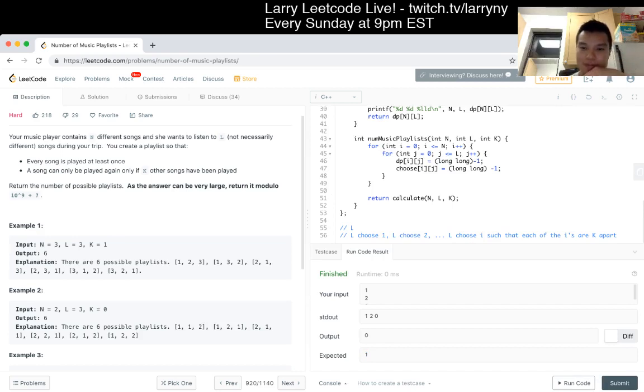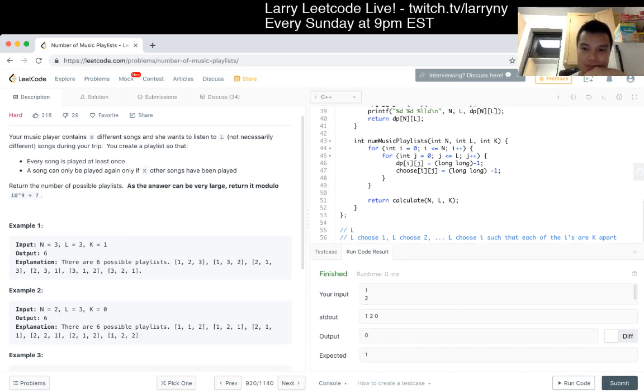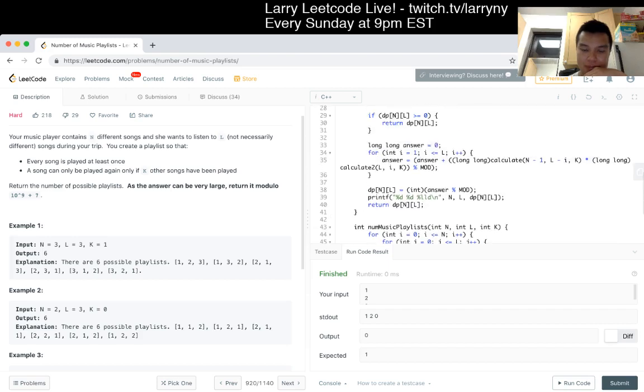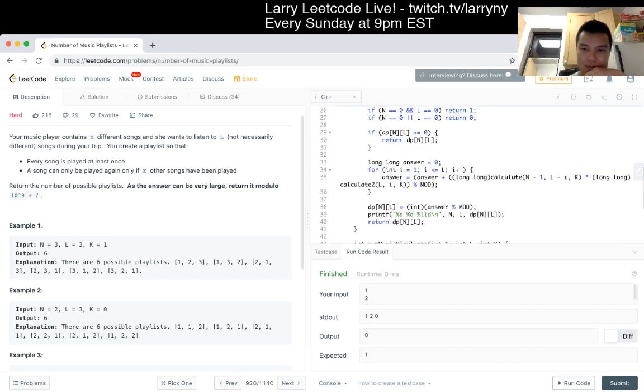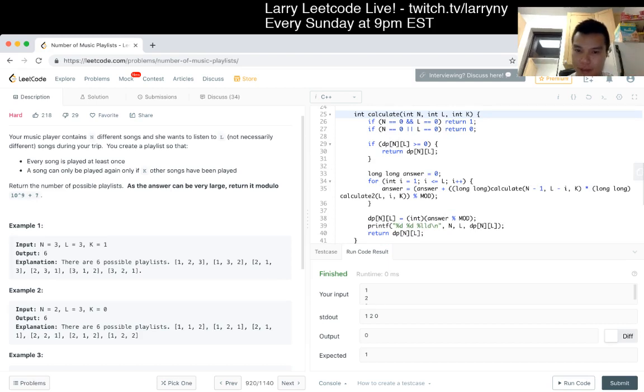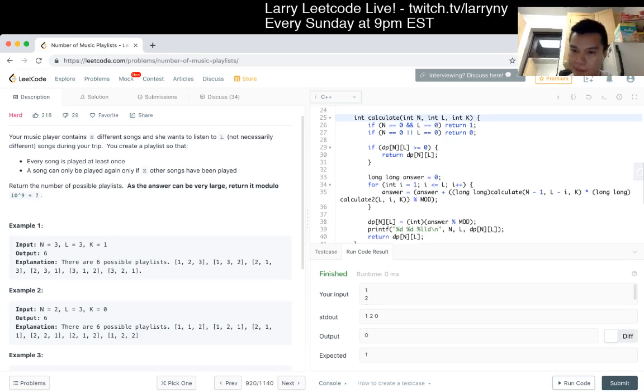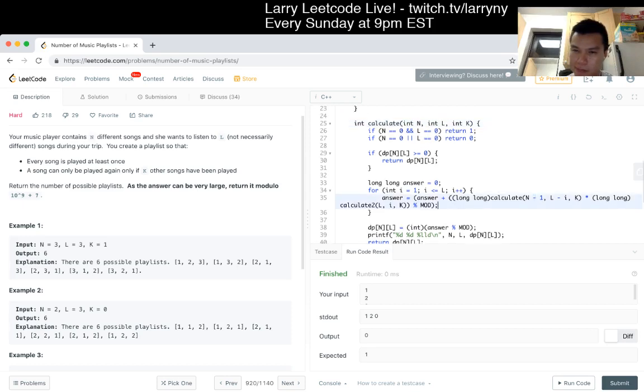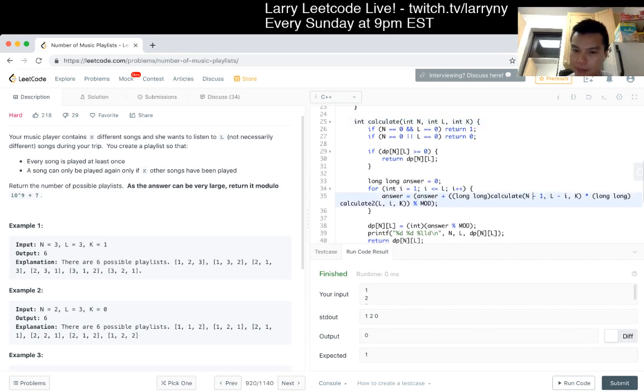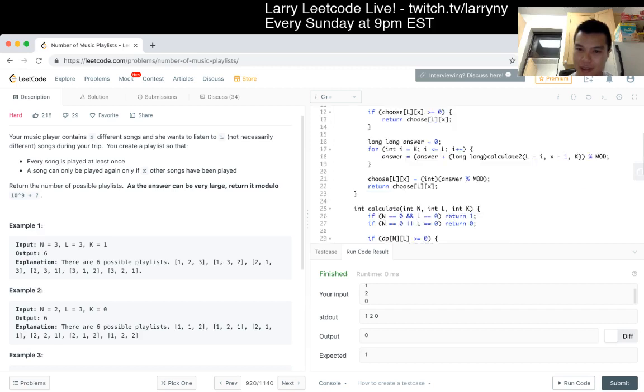So 1, 2, 0. One of these should be 1. So when I is 2, calculate 2, 2.